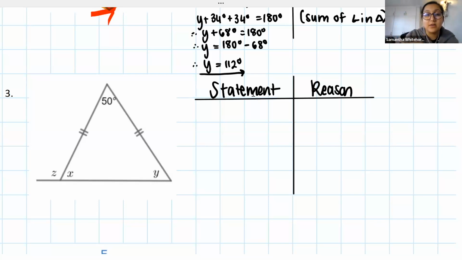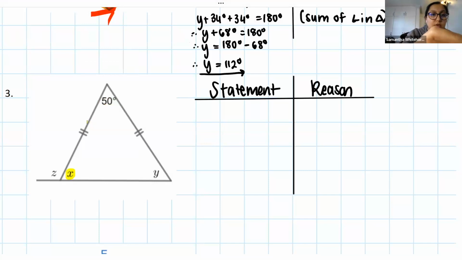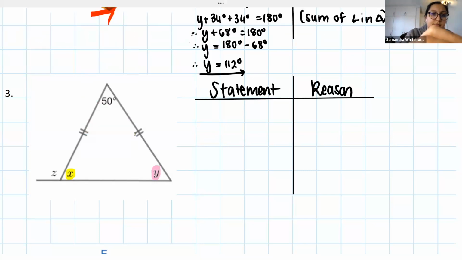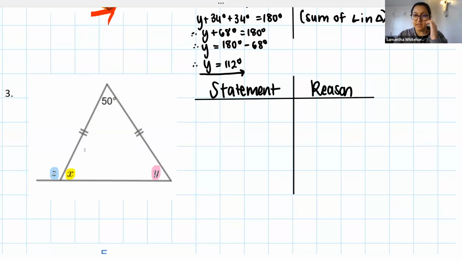There's 3 angles now that we need: X, Y, and angle Z. I want answers again on the chat with reasons, please. Let's see what we get.